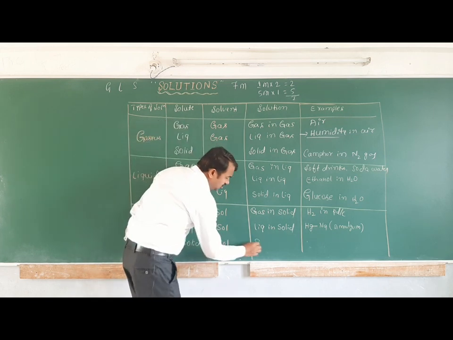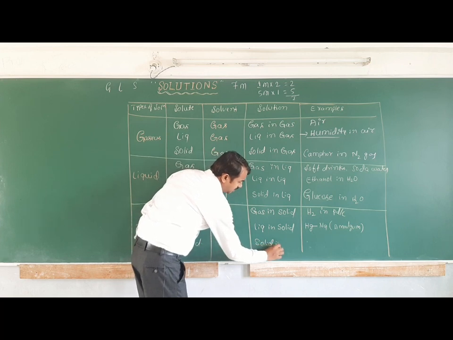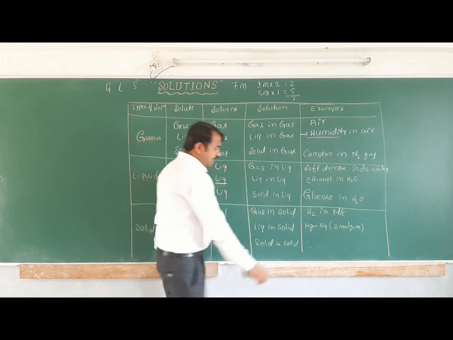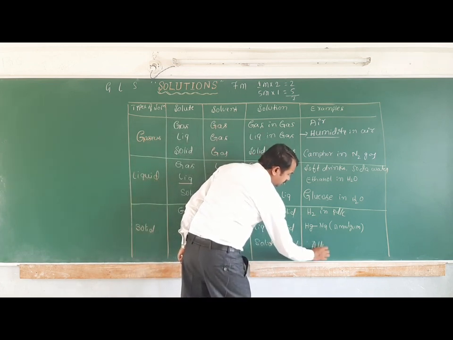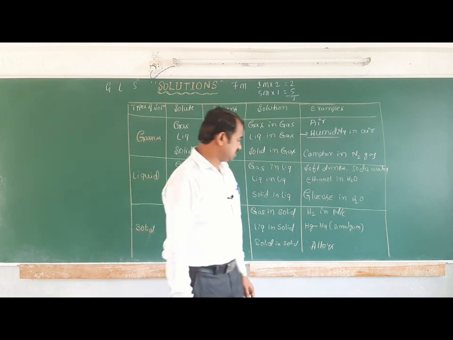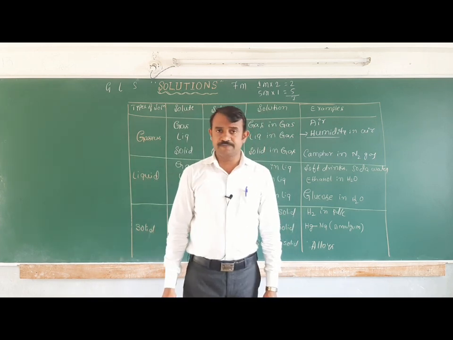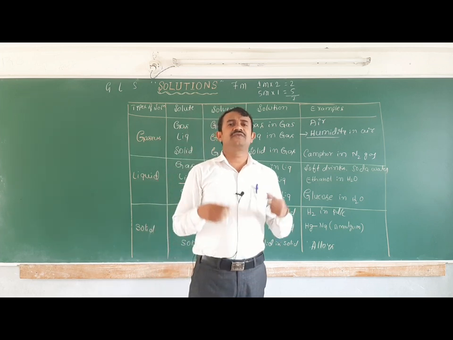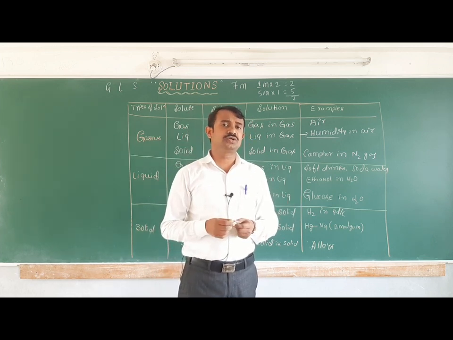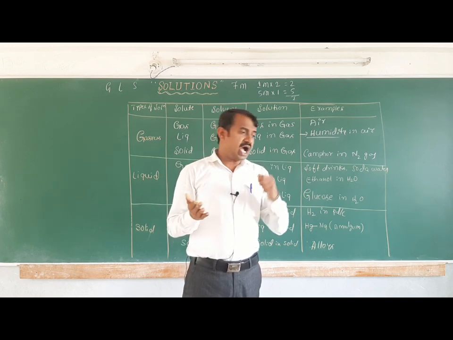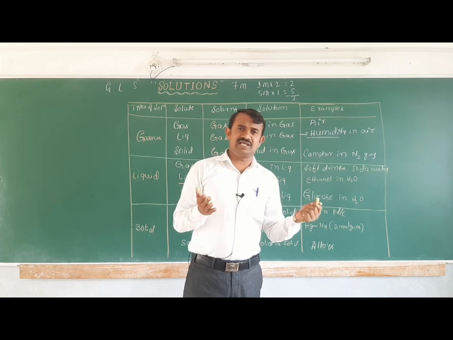When solid is in solid, we observe alloys, which are mixtures of metals: gun metal, brass, bronze, German silver. In bronze, tin metal is there, tin is a solid, and copper is there.